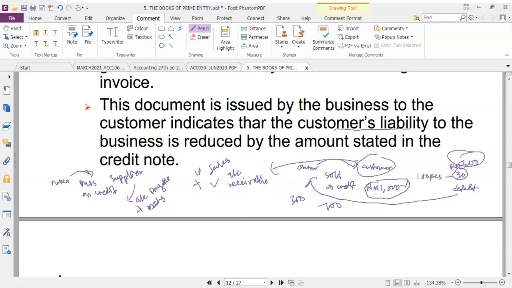Purchases is our expense, and its partner is account payable, a liability. You see? So this is profit, this is expense. Sales, profit, and purchases, expense. Profit must go with account receivable, expense must go with account payable. Please, I hope that you can differentiate between account receivable and account payable. Is that clear, class?